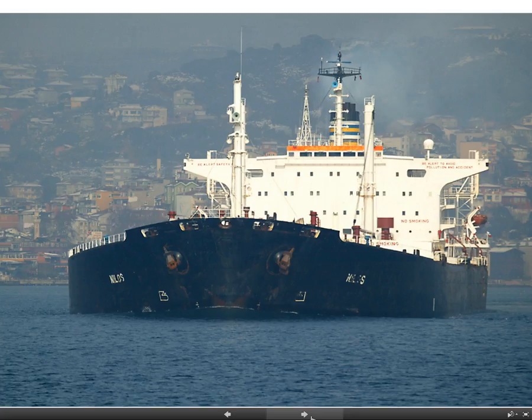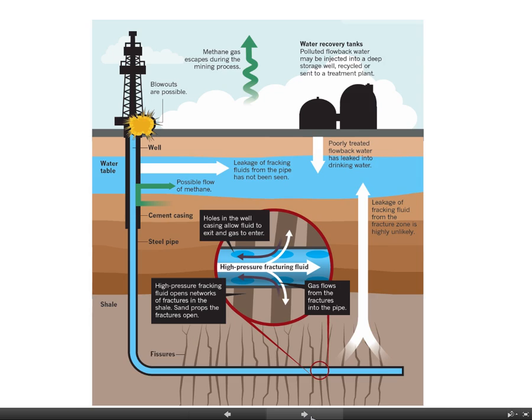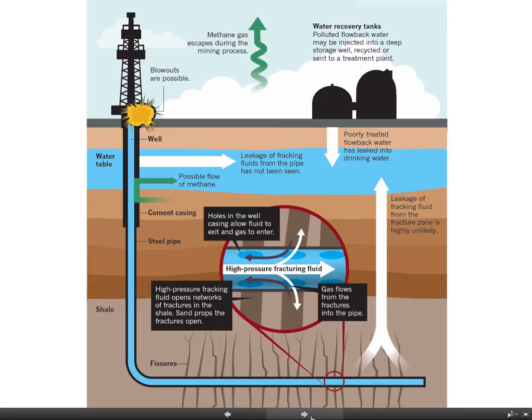So coal obtained through mining, petroleum or crude oil and natural gas obtained through drilling. Natural gas can also be obtained another way. Now, I guess this is still a type of drilling, but this is sometimes called fracking or hydraulic fracturing. And I thought I'd mention this because it's relevant to us in New Zealand too.